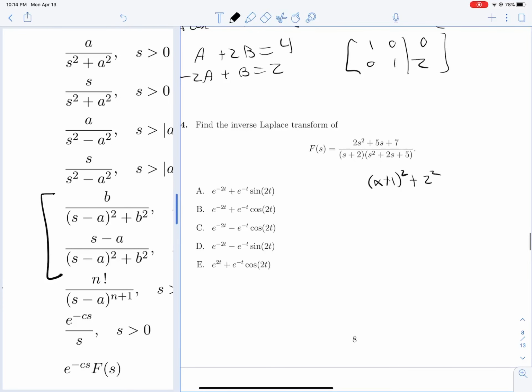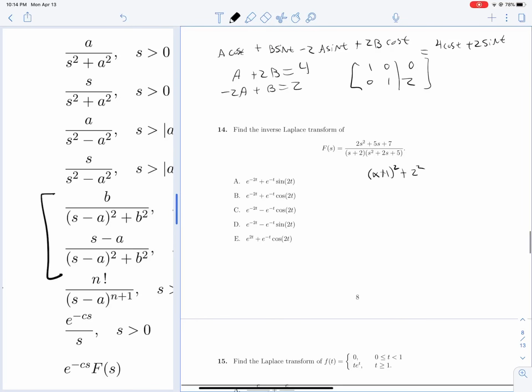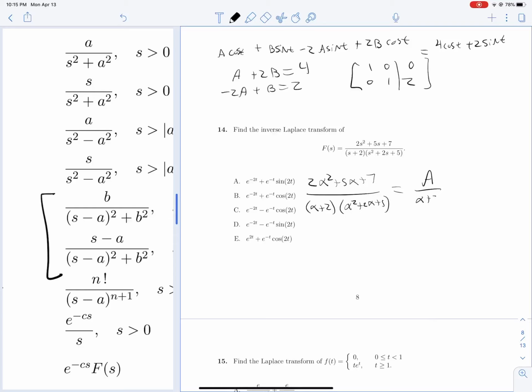So for now, what this means for us is that we're going to have to do a pretty annoying partial fraction. So 2 alpha squared plus 5 alpha plus 7, all divided by alpha plus 2 times alpha squared plus 2 alpha plus 5 is equal to some a over alpha plus 2 plus some b alpha plus c over alpha squared plus 2 alpha plus 5.